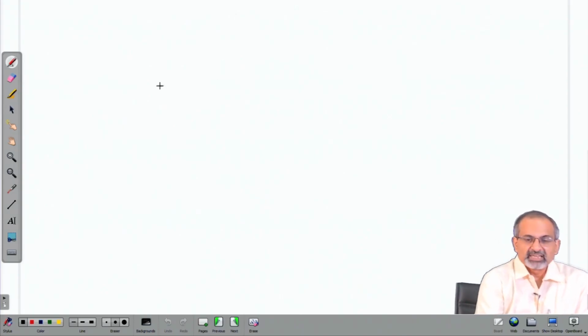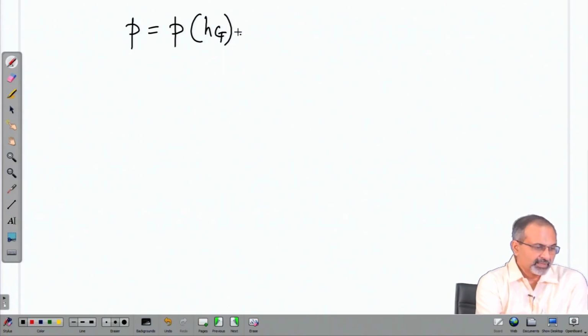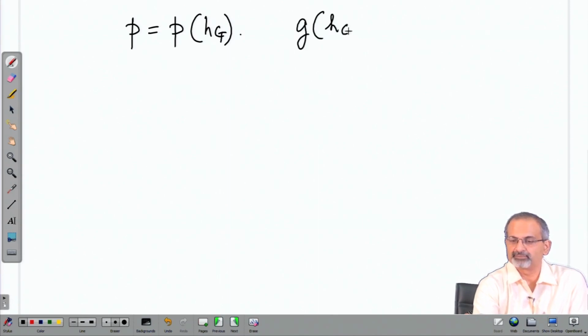Now, if we need to find an expression for pressure as a function of the geometric altitude, then in this equation 5 that we just left behind, we have to make sure that we account for the change in g with altitude. That means, g is going to be basically a function of altitude.